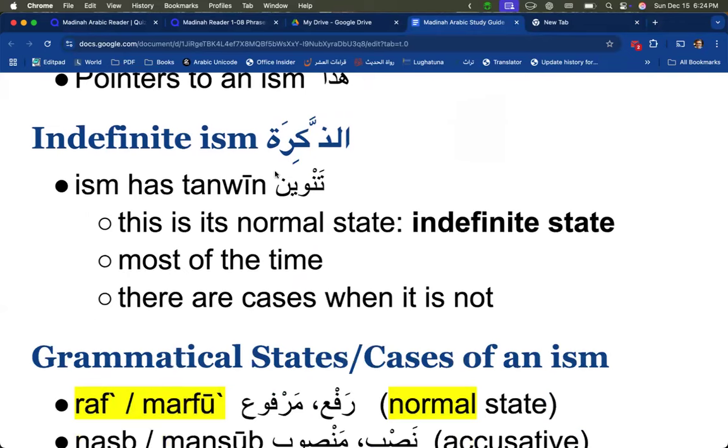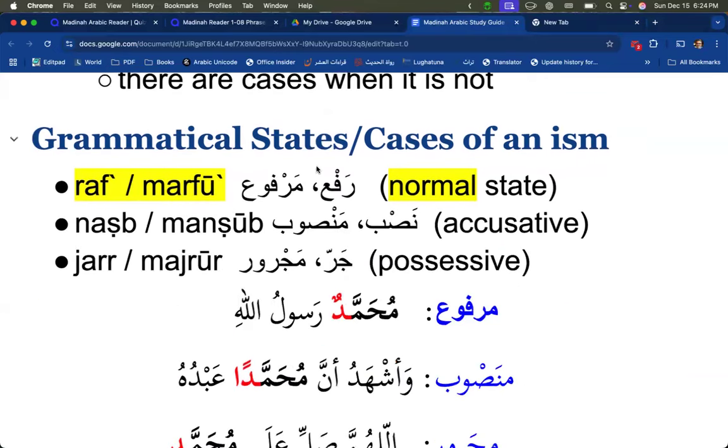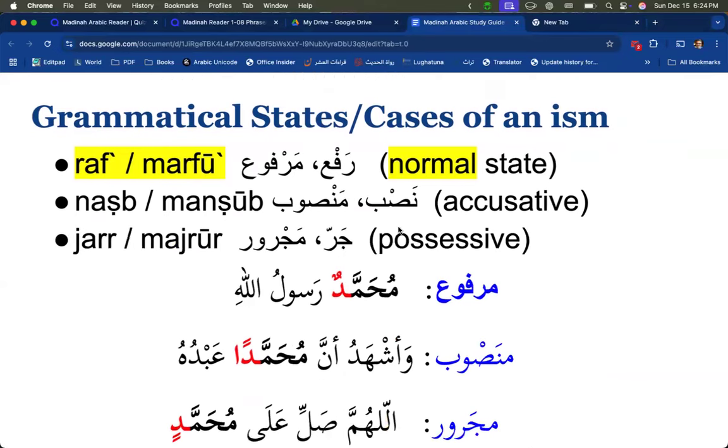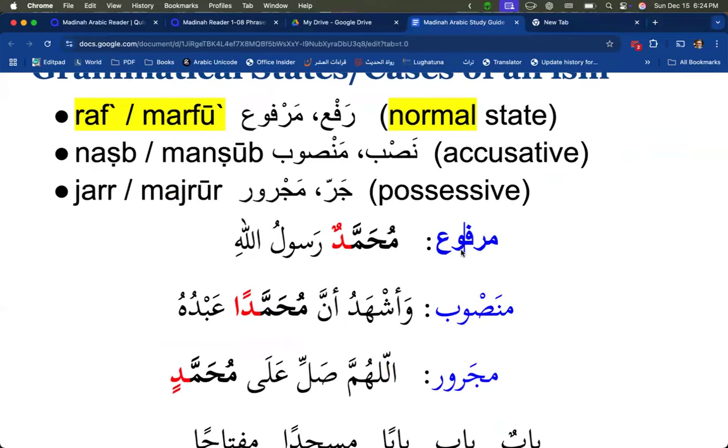And then we've learned about indefinite nouns. Indefinite nouns have a tanween on them, like kitabun, babun, masjidun, right? They're indefinite. And then we have learned the three states. Marfu, it ends in a dhamma. Mansub, it ends in a fatha.